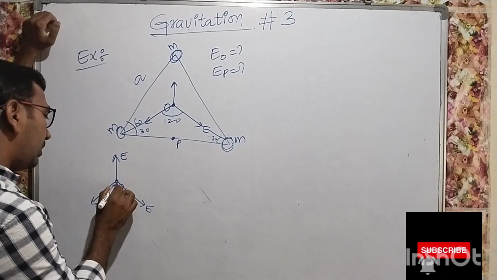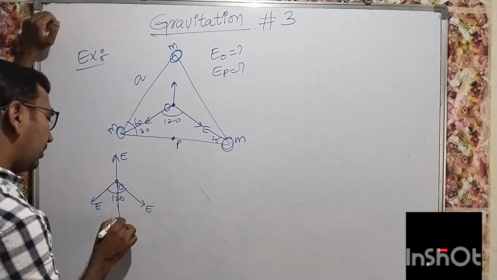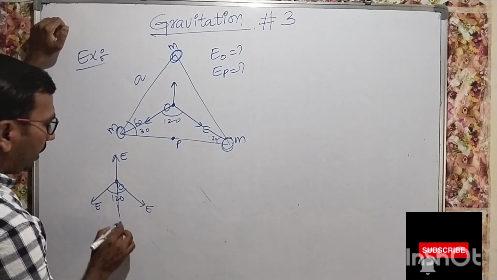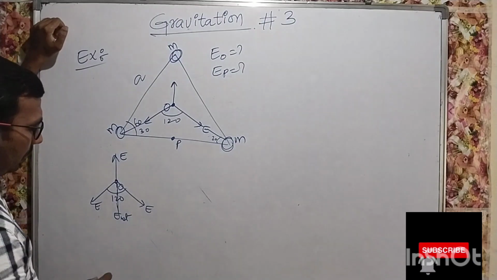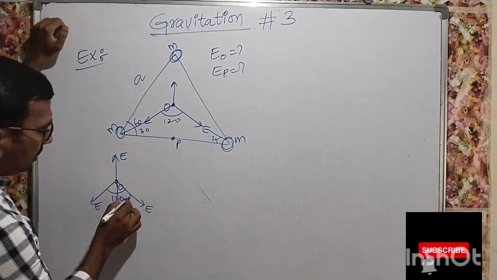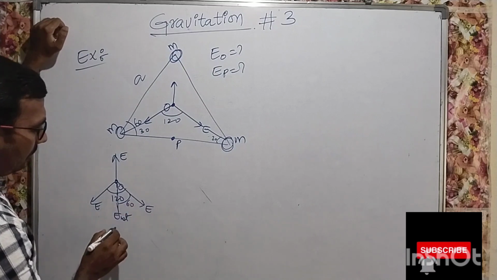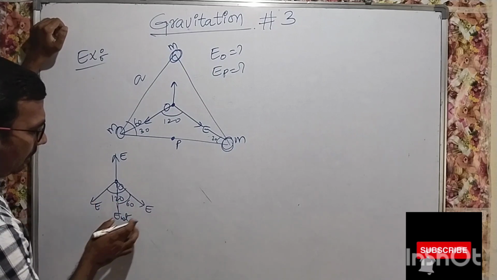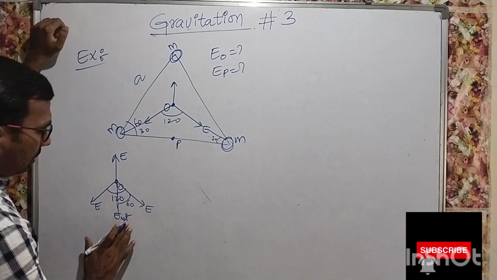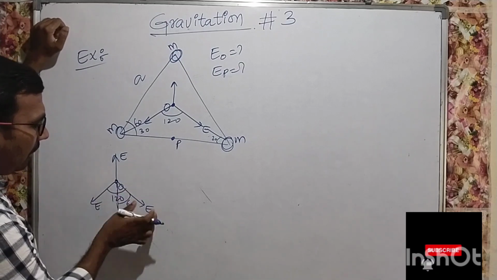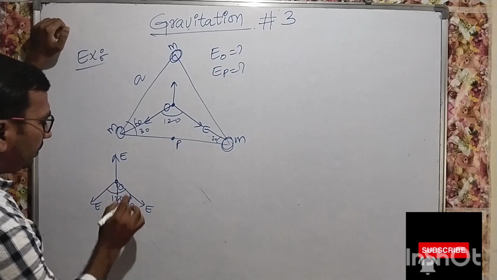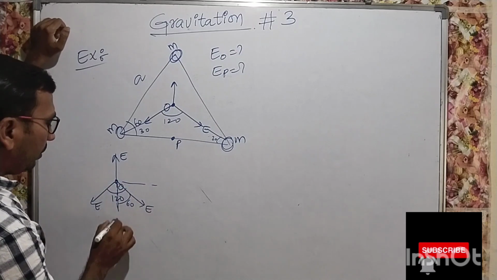So you can draw one symmetry reference line. Net field acts in this direction. This is 120, means this one is 60 degrees. We resolve the gravitational field E into two components, along the horizontal and along the vertical.